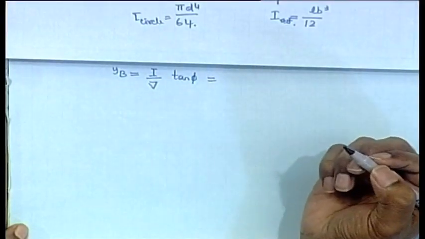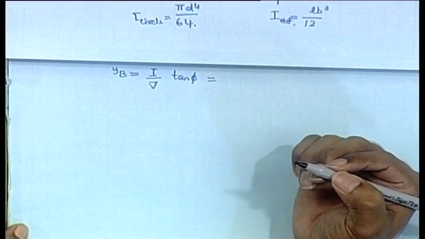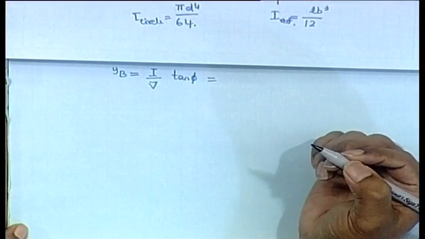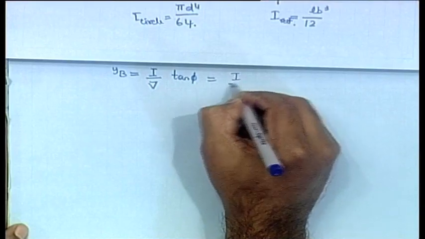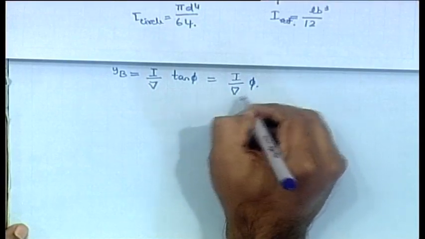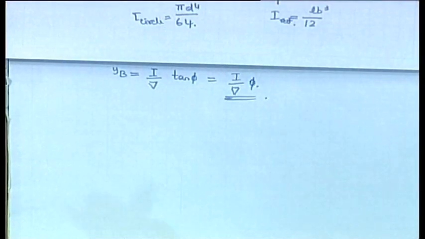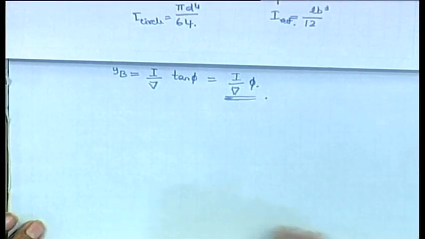Now, you know that when phi is very small, tan phi can actually be written as phi itself. So, this can be written like this. Now, I take this figure again.